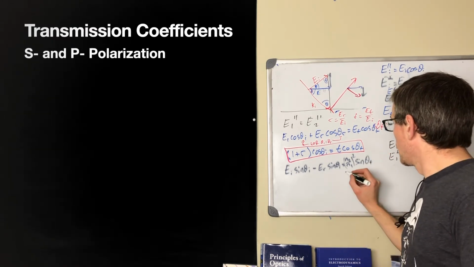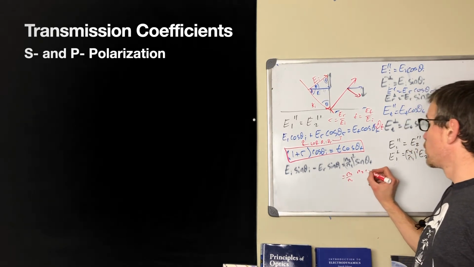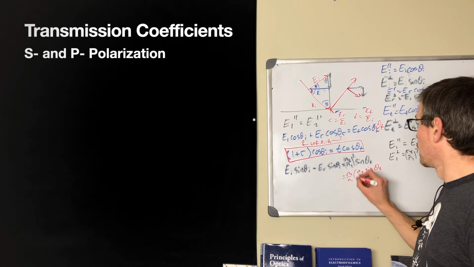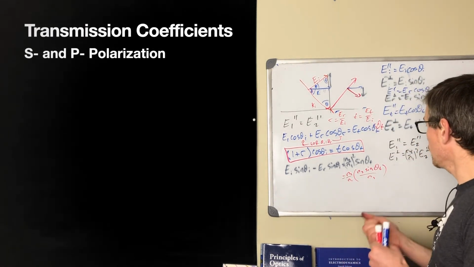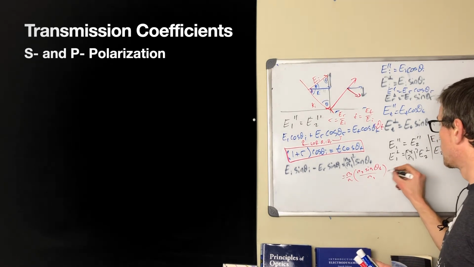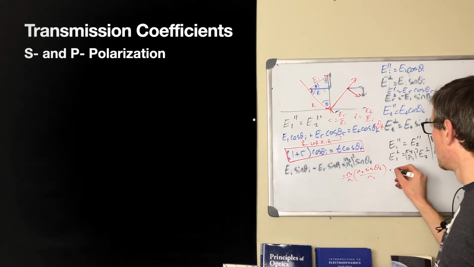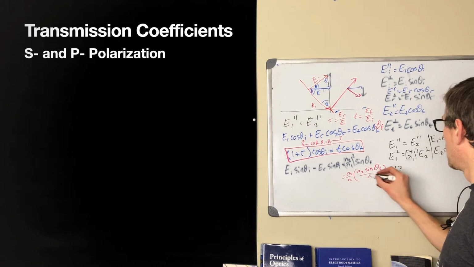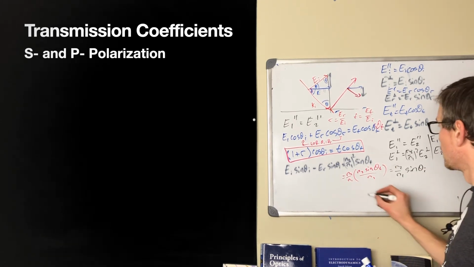Okay? And let's write this as N2 over N1 times N2 sine theta t over N1. And note that from Snell's law, N2 sine theta t is equal to N1 sine theta incident. So this is equal to N1 sine theta incident, N2 over N1. N1 sine theta incident divided by N1 is just sine theta incident.